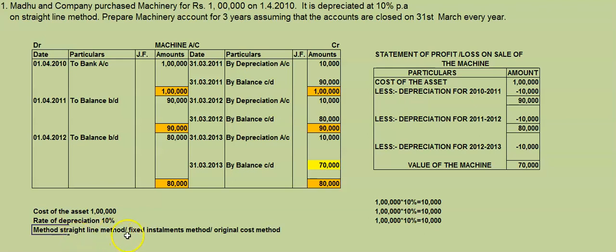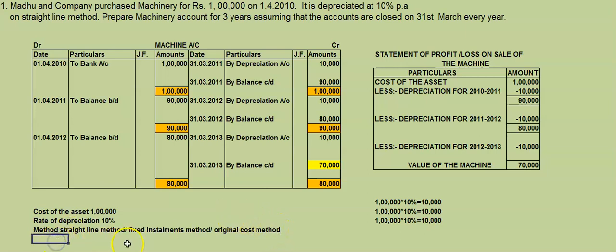So the same method is known by 3 names. In a problem, sometimes to confuse you, instead of giving straight line method, he may give original cost method, or he may mention fixed installments method. So you may get a doubt: sir didn't teach us this. No, it is the same method. Straight line method, fixed installment method, or original cost method are one and the same.